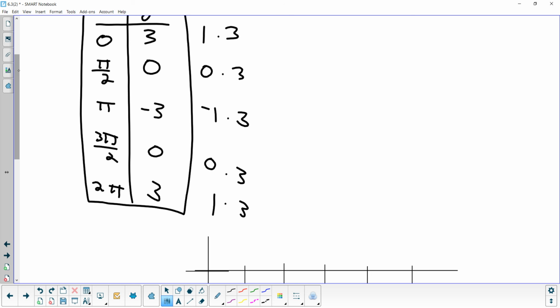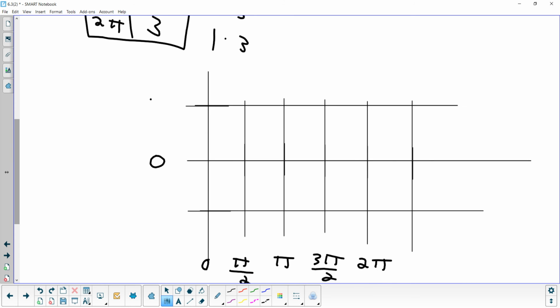Don't go by 1s on the y-axis. Let's go by 3s. 0, 3, -3. Because I'm changing the scale, every vertical stretch I do today is going to look the same size. It's the scale that's going to be different. Okay?